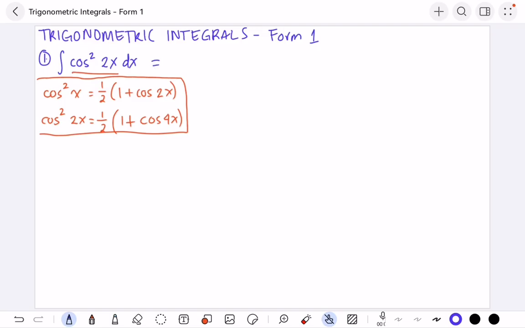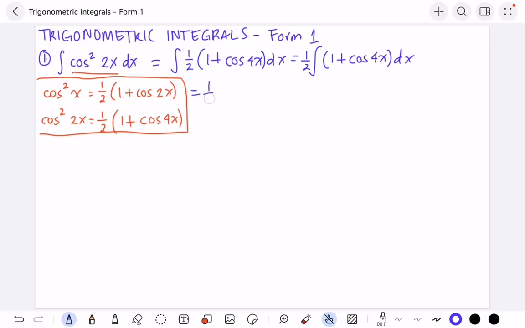So in other words, this integral is equal to the integral of 1/2 times 1 plus cosine of 4x dx. Then, factoring out the constant 1/2, integrate the remaining factor 1 plus cosine of 4x dx.